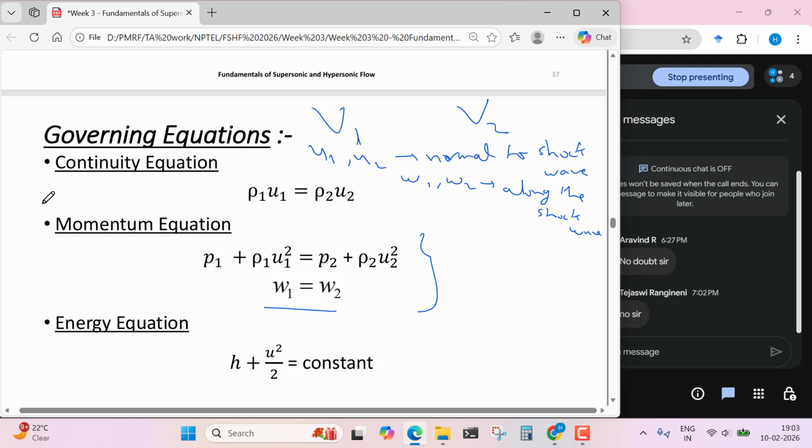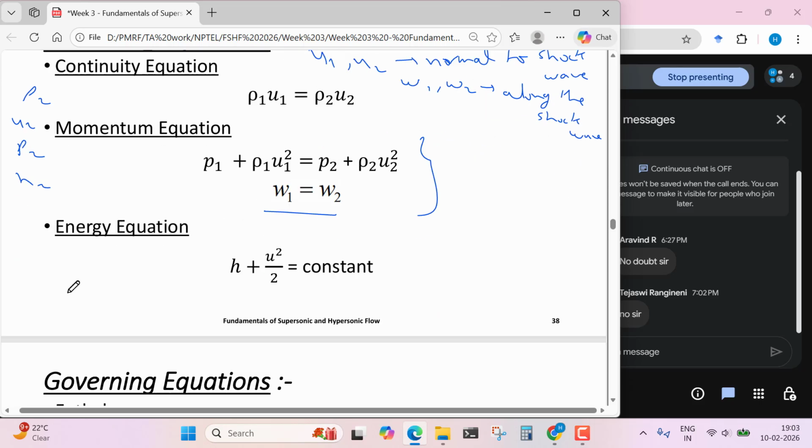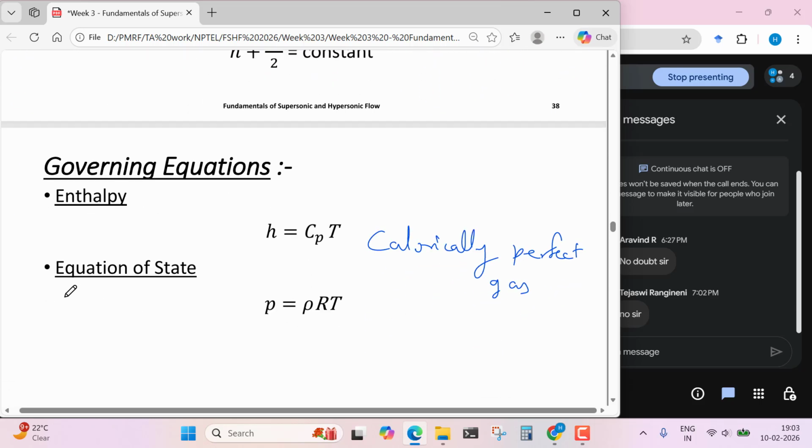Similar to before, we have unknowns ρ2, U2, P2, H2. So we need more equations. So we use the enthalpy equation and equation of state: H equal to CpT and P equal to ρRT for a calorically perfect gas. So we have 5 equations, 5 unknowns, but we are forgetting one more unknown, which is β, the shock angle.